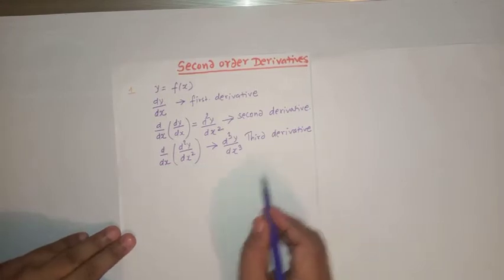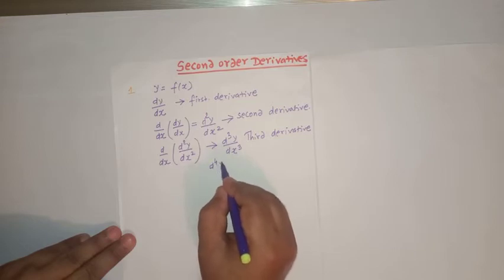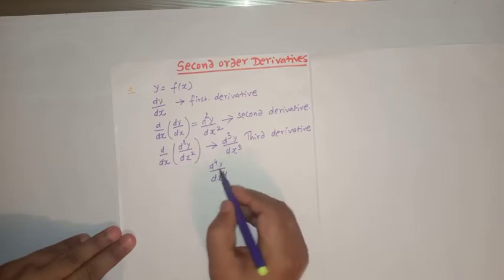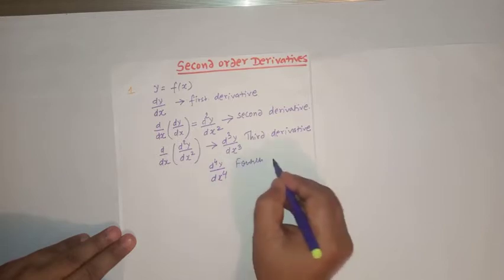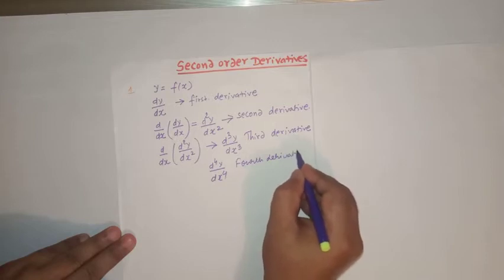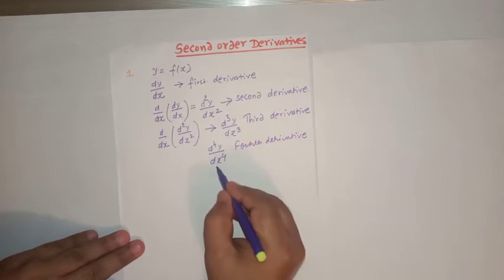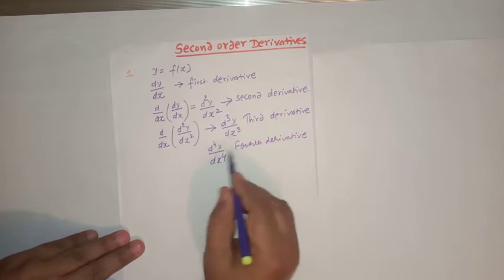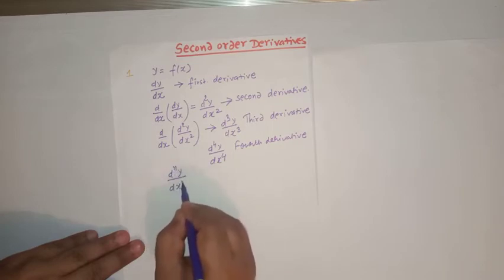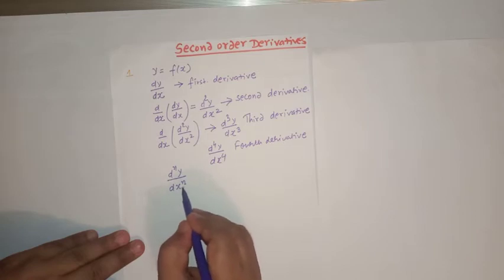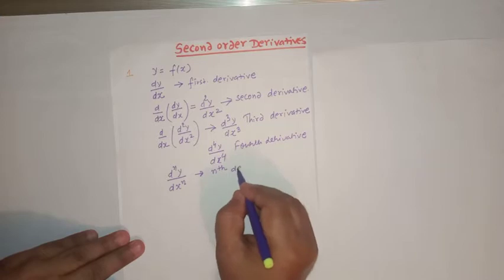Higher order derivatives, right? The fourth derivative is denoted by d4y over dx4. So this is known as the fourth derivative. So viewers, if we go on finding the derivatives, then the nth derivative is denoted by dny over dxn. So this is called the nth derivative.